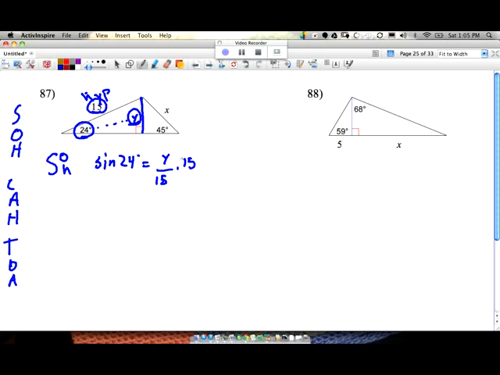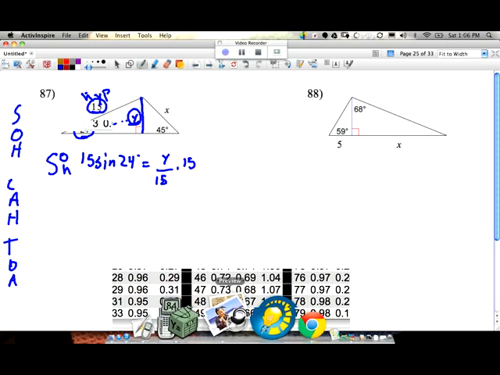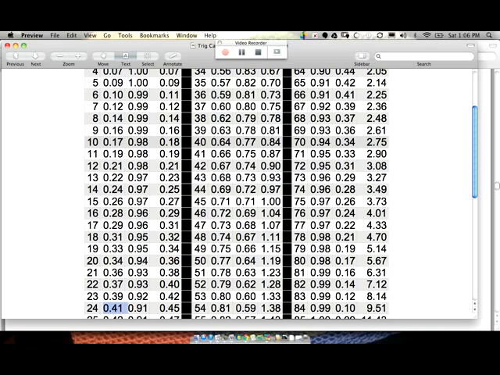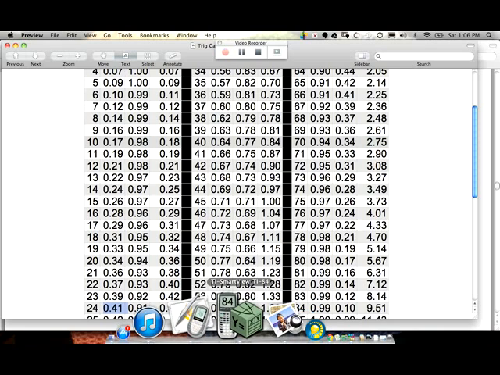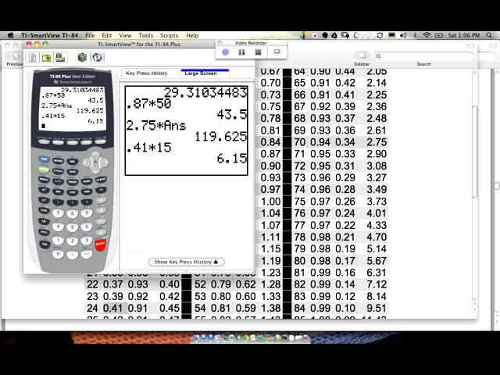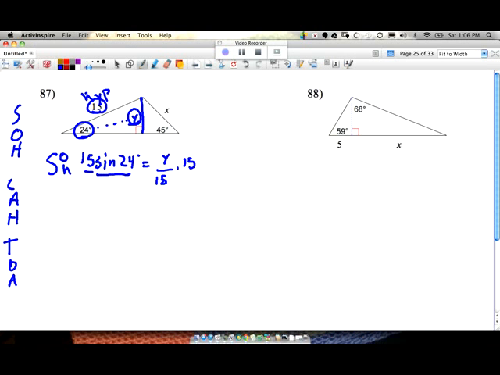And sine 24 degrees is going to be 0.41. Okay, so 0.41 times 15 will give us our calculation. 6.15.